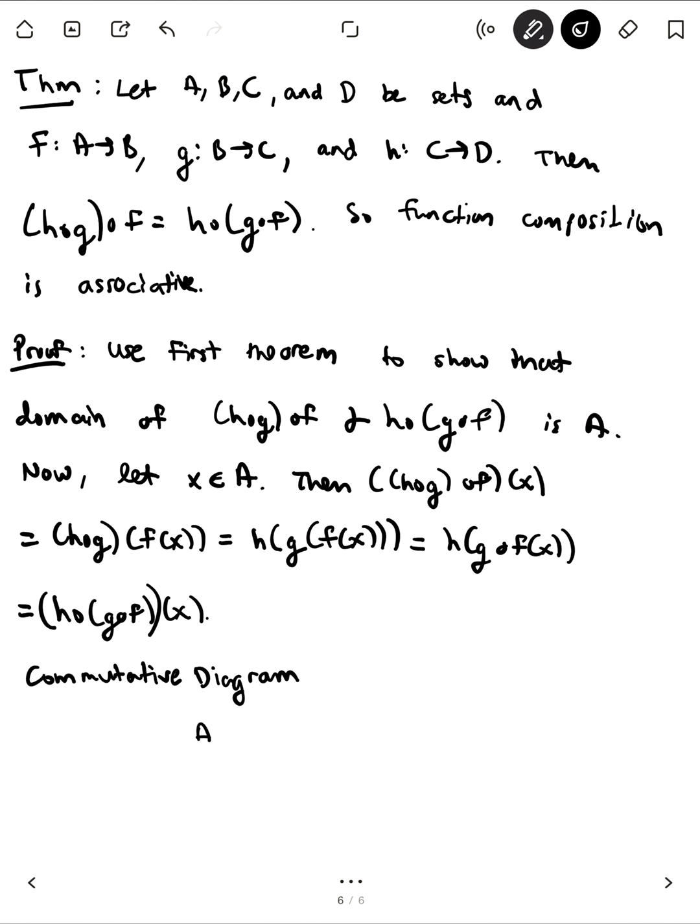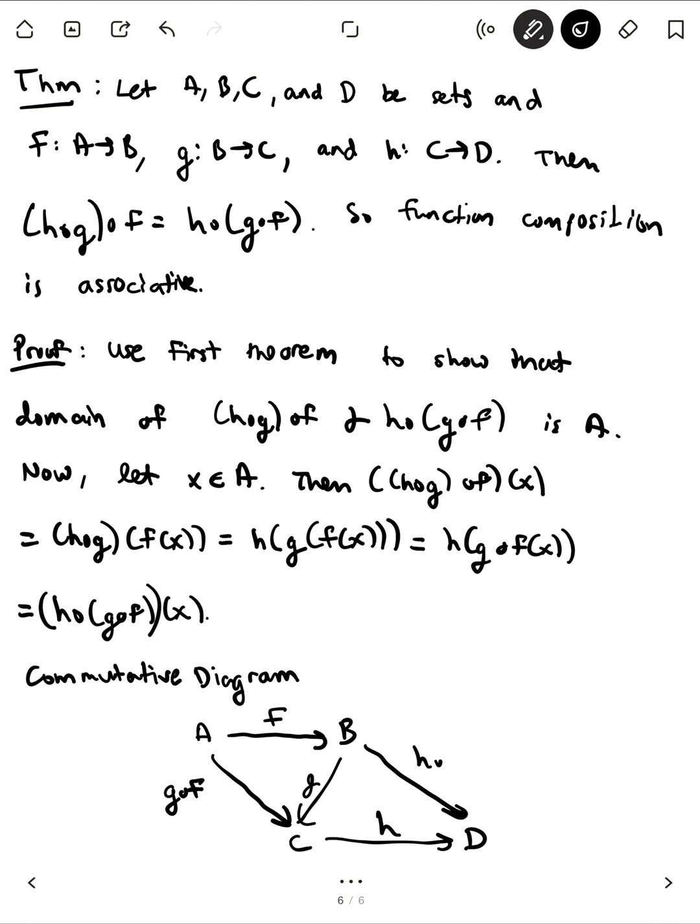So you have A, B, C, and D. f takes A to B, g takes B to C, h takes C to D. g composed with f takes A to C, and h composed with g takes B to D. And so you can see the relationship between all these functions.